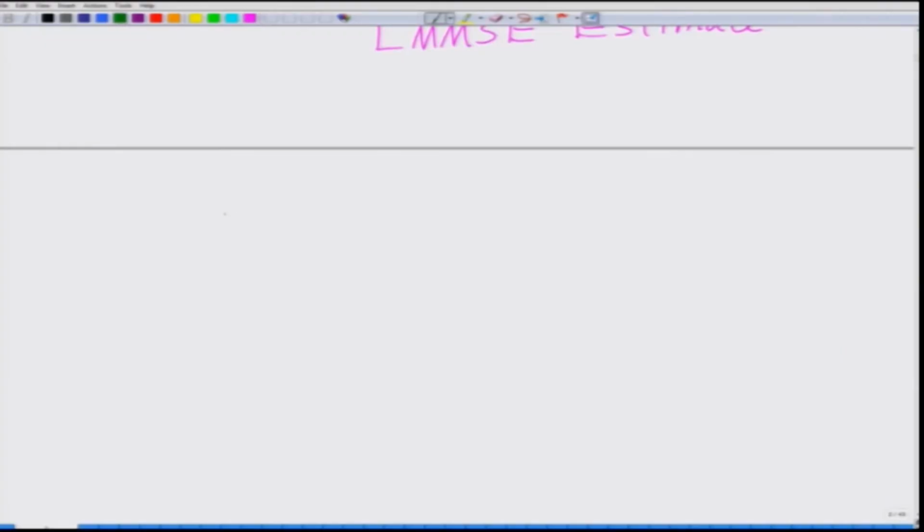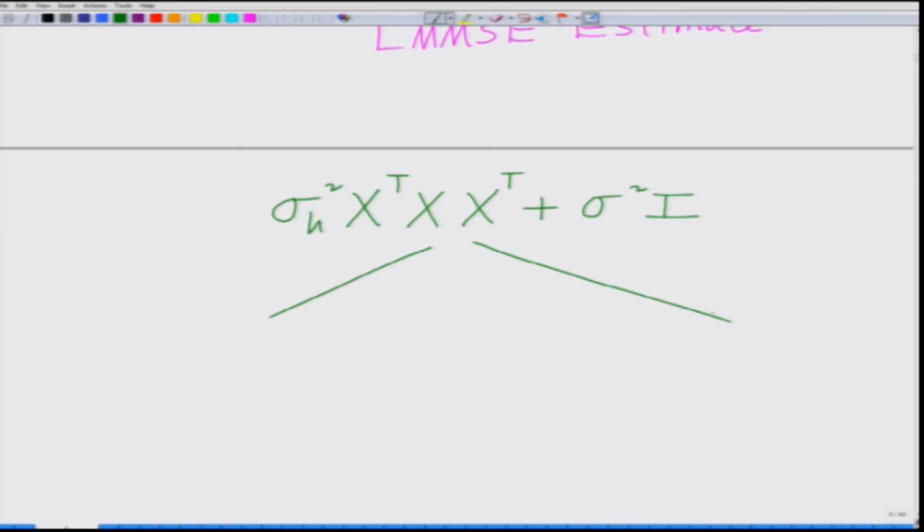So first realize, similar to what we have done several times before, I will start with this quantity, sigma h square x transpose x transpose plus sigma square times identity, and I can expand this in two ways.